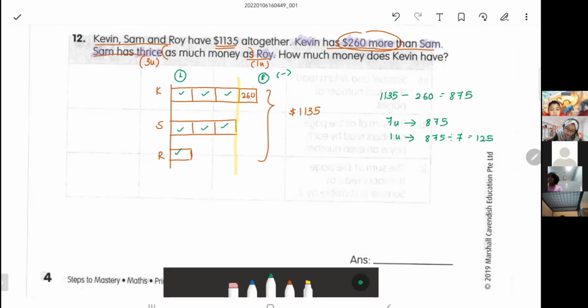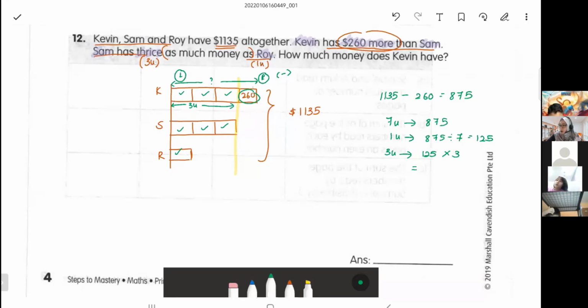Now Kevin's money is this much. This is what I want to find, which actually comprises 3 units and then the 260. So 3 units is 125 times 3, and then equals to, okay, any calculator, wait.